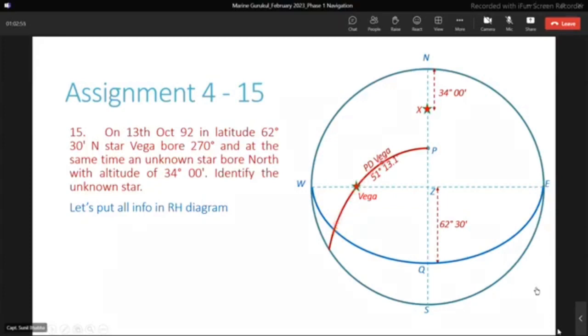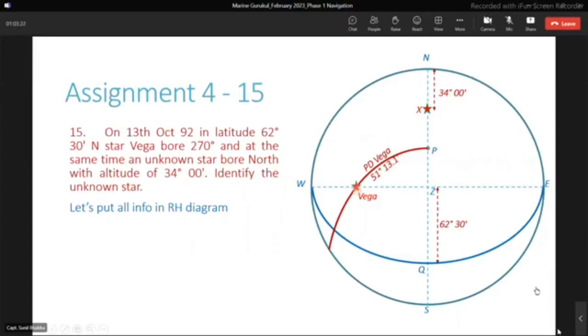And we know equinoctial to pole is 90 degrees. So P to Vega has to be 90 minus declination of Vega, and it is called the polar distance. Now we have the date 13th October 92, and we can get the declination of Vega from the nautical almanac. So once you do 90 minus that, you get the polar distance. This is the value of the polar distance which will be obtained. So we have the P Vega side known to us.